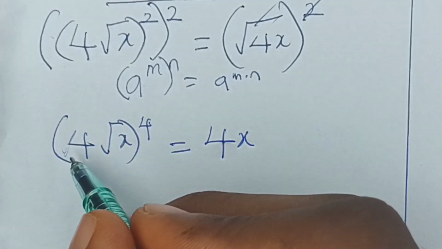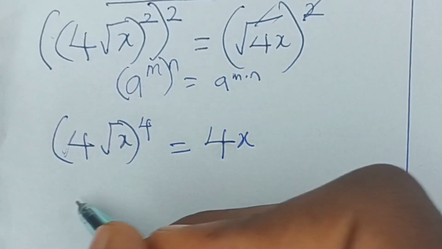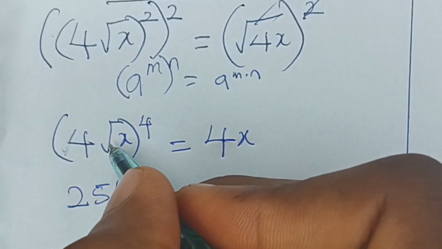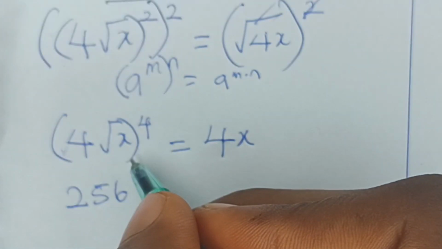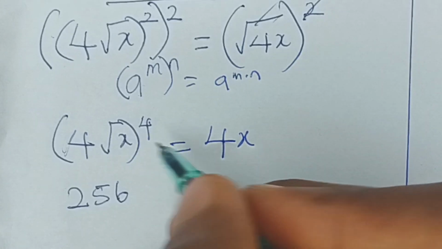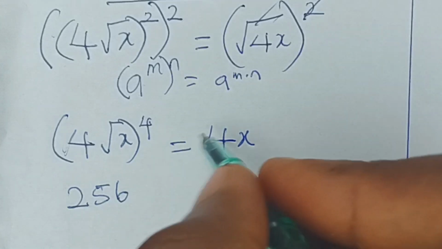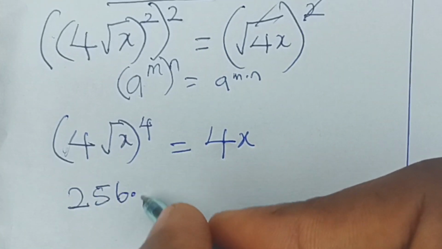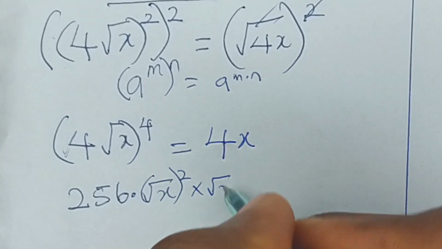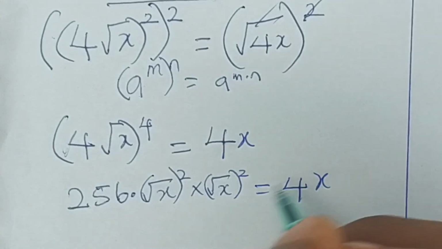Now, 4 raised to power 4 is equal to 4 times 4 times 4 times 4, which is 256. Now, root x raised to power 4 will be equal to root x squared times root x squared. And I told you that anytime you have a root that is equal to the power, it cancels out. So if you have this multiplying root x squared times root x squared, and this is equal to 4x.